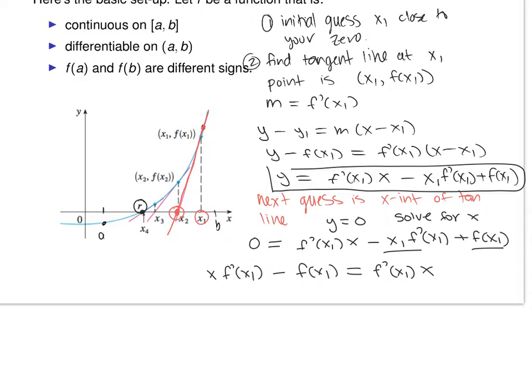And now how would I find x? Divide the whole thing by f prime of x1. And that's going to give me x equals, well, that should be an x1 over here, shouldn't it? x will equal x1 minus f of x1 over f prime of x1.